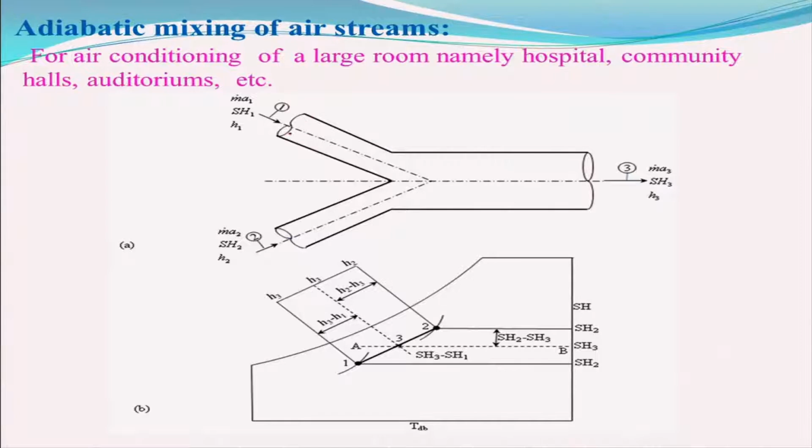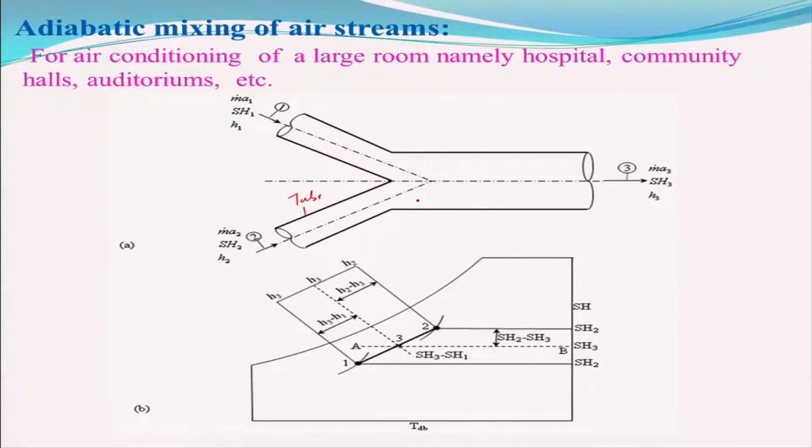It will look like this: one stream is coming in with specific humidity SH1 and some enthalpy, at a certain temperature, and similarly there is another stream entering this tube with a different specific humidity.